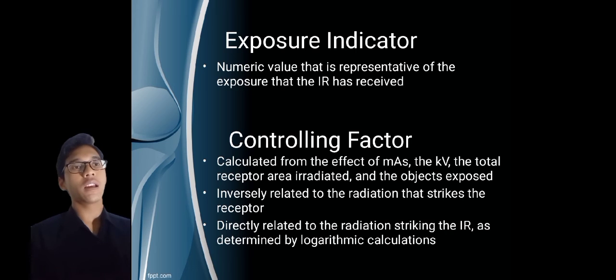For example, if the range of acceptable image for a certain examination is 150 to 250, a value greater than 250 will indicate underexposure, and a value less than 150 will indicate overexposure.